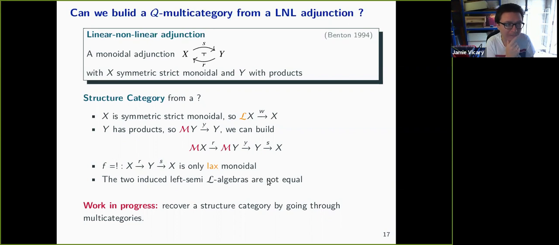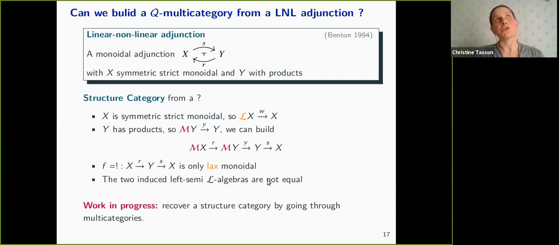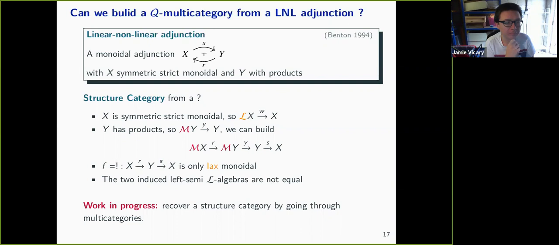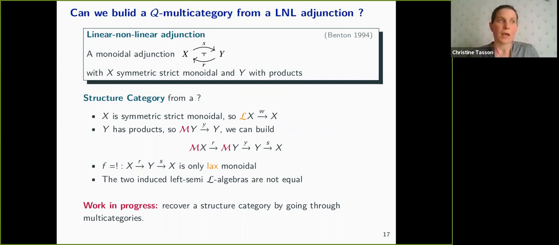Okay, so in the world of monoidal categories, if I want to recover the nonlinear parts, I need to have this trick or this adjunction if you want. And that means that I can put this trick everywhere. So what we wanted really to do was to be really precise and to say exactly what are the nonlinear inputs and what are the linear ones, and not to have a system where I can put this trick everywhere.